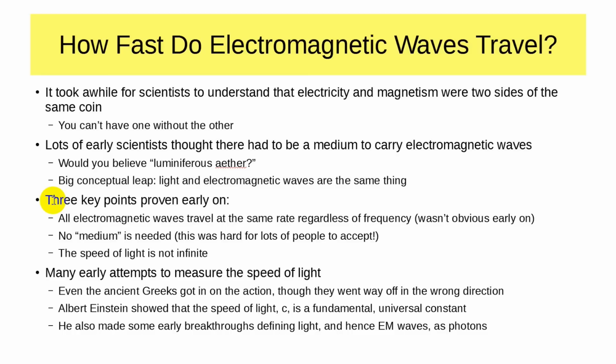Okay, and it took a long time to figure that out. There were a lot of people who thought the speed of light was infinite. These are people who thought that, like the Newtonian universe, where there was no curvature of space-time and so on. But they did find out, there were experiments done early on to find out that the speed of light is finite.